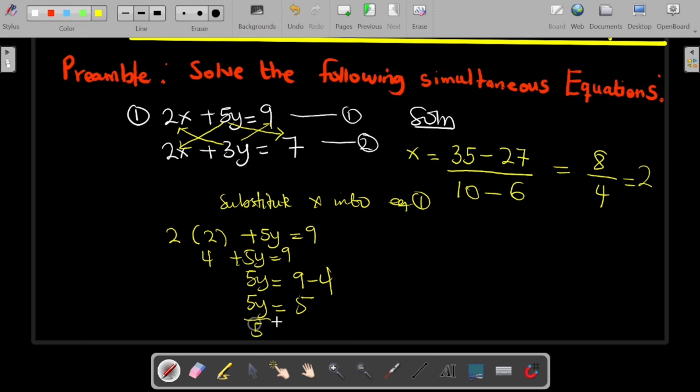Then we can divide both sides by 5. This cancels this, and we have our value of y to be 1. So that's the easiest way to solve these simultaneous equations.